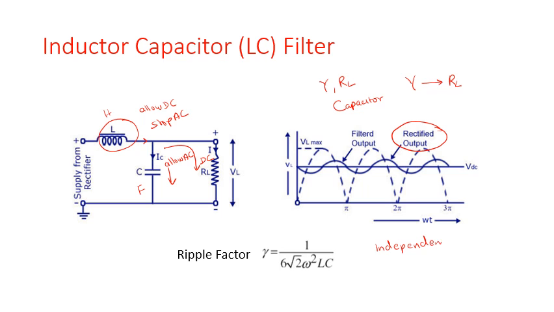If you look at the circuit that you have drawn right now, and you look at the value of gamma, gamma does not have the term RL. So irrespective of the value of RL, gamma depends only on the value of L and C. So if RL changes, gamma will not change. This is the advantage of using an LC filter over using a simple capacitor filter.